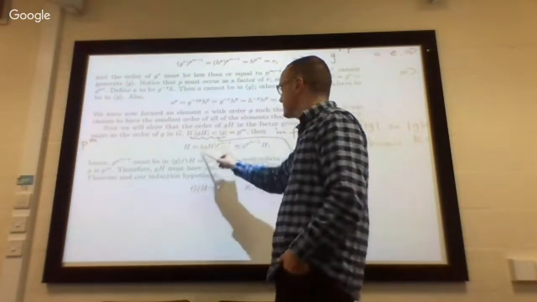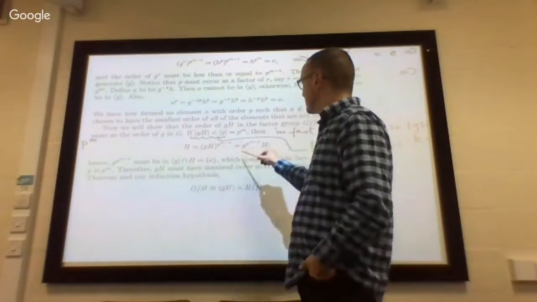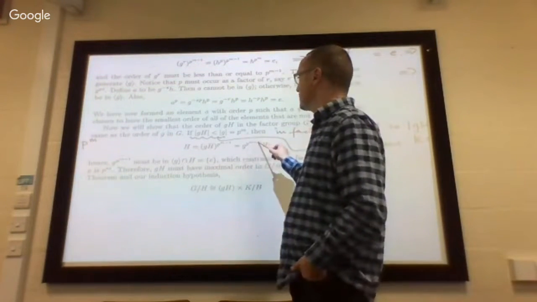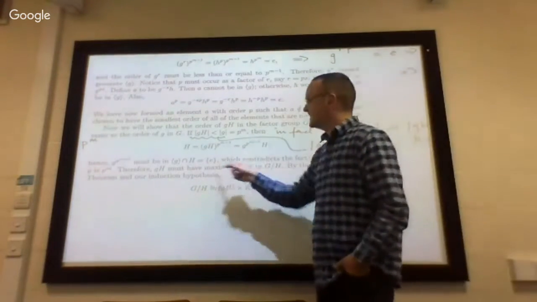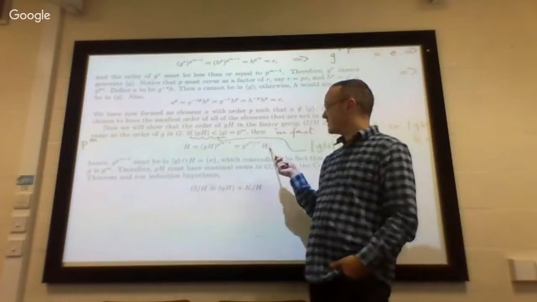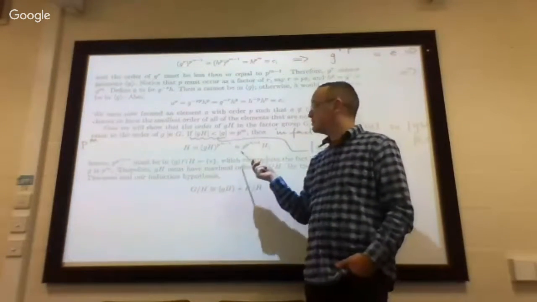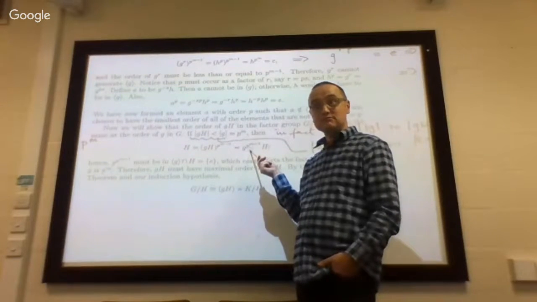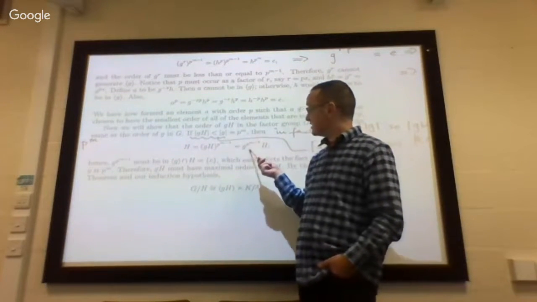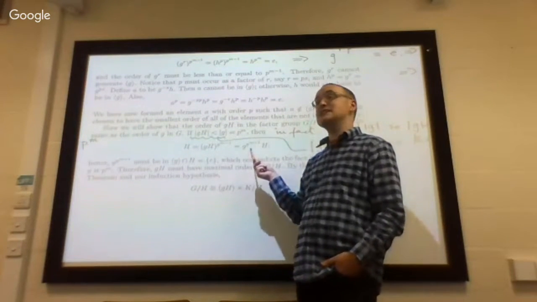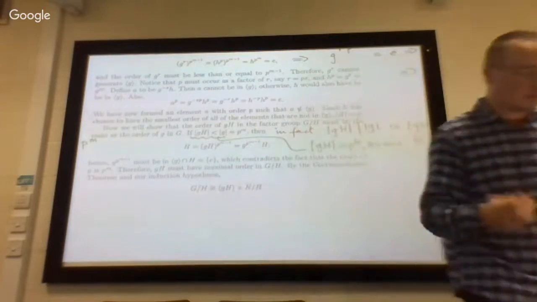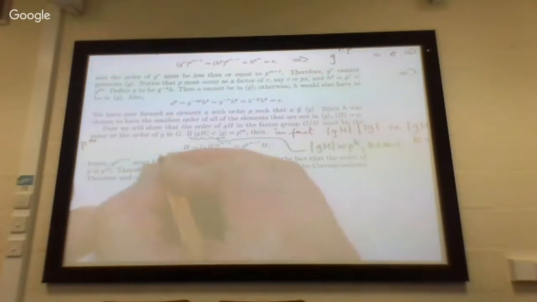But by definition of coset multiplication, this power is the coset corresponding to g to the power of p^(m-1). Therefore, if the coset H is equal to this element times H, that means this element must be in H. Because the only time a coset of an element multiplied by H is equal to H itself is when the element you chose was in the subgroup H to begin with. So this equation implies that g^(p^(m-1)) is in H.